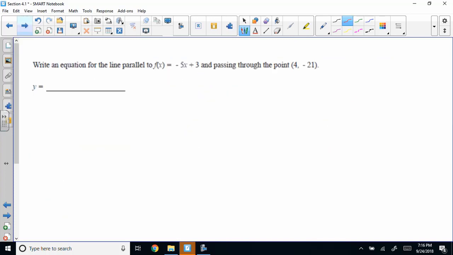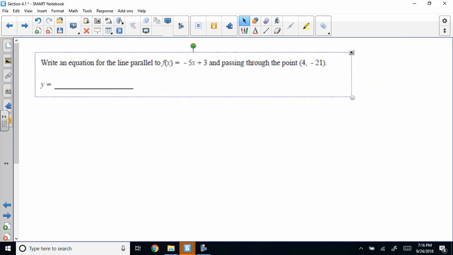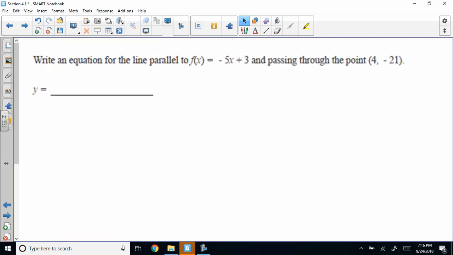Okay, so write an equation for the line parallel to negative 5x plus 3 and passing through the point 4, negative 21. All right, guys. We're going to write this, and we're going to use the equation point slope form, okay?